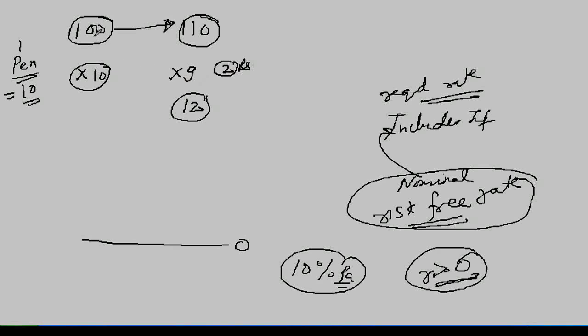What has happened is, in the nominal sense, your money has increased from 100 to 110 rupees. But in the real sense, earlier you were able to buy 10 pens, but now you are able to buy only 9, maybe 9.16 if you include the decimal. That means in the real world you have become poor. In the nominal world you have become rich.